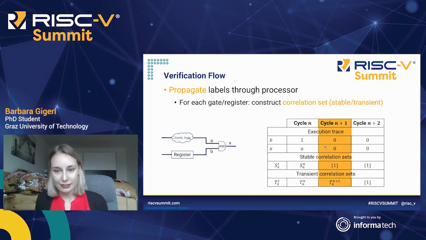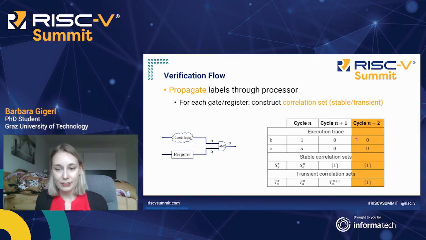However, in the next step, B switches to 0. So the stable correlation set of X will be a constant, since it does not correlate with A anymore, because A cannot pass through the AND gate. However, the transient correlation set of A is taking over, because there might be still a small time frame in cycle n+1 where we can read the value of A on the gate output, because B might actually glitch.